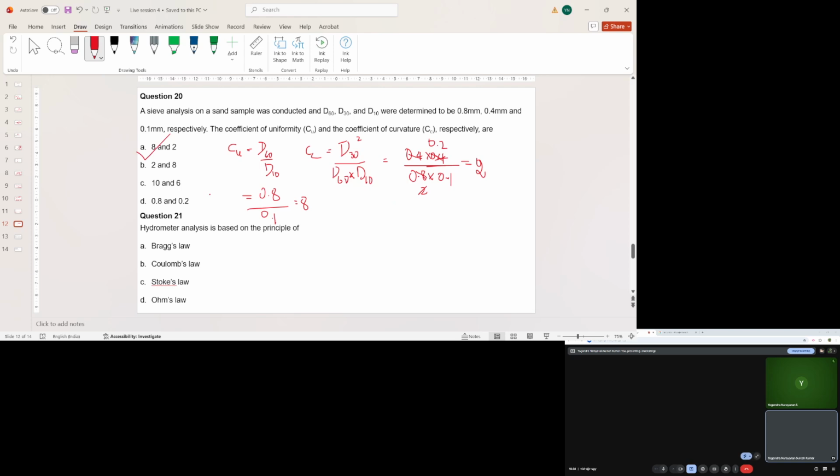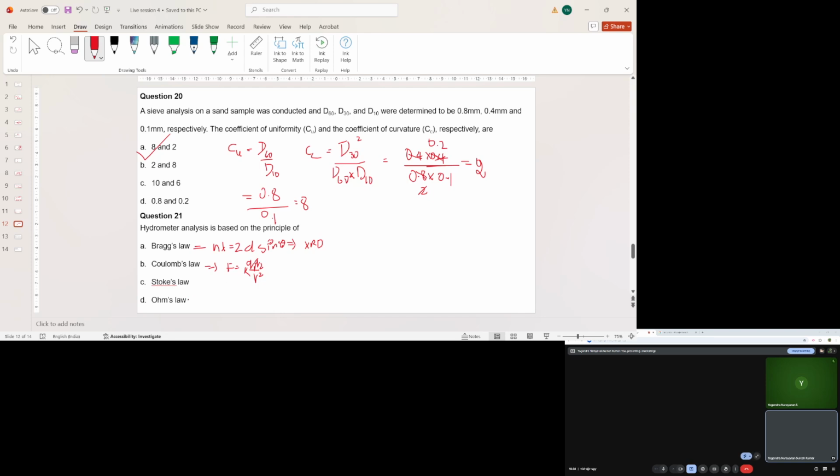So the hydrometer analysis is based on the principle of... Bragg's law. We know that it is n lambda is equal to 2d sin theta, which is for XRD. Coulomb's law is for electrostatic attraction: force is equal to K Q1 Q2 by R square.